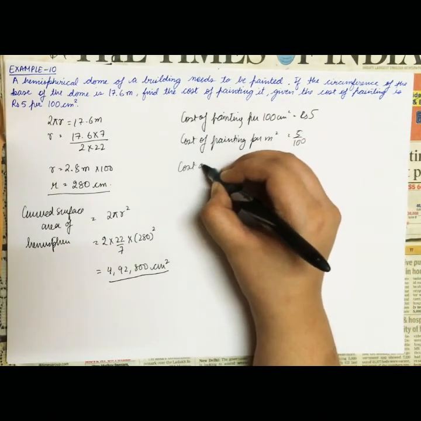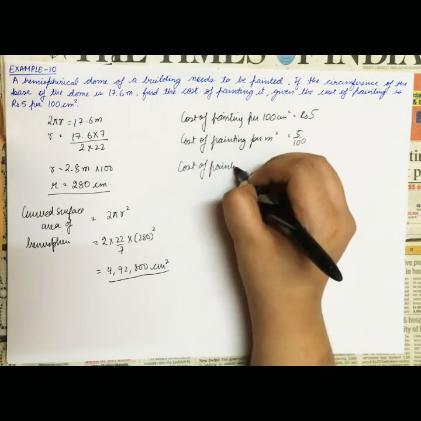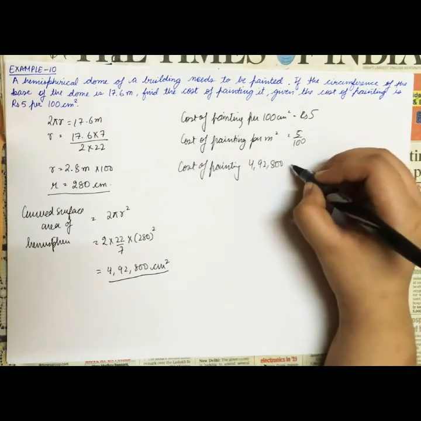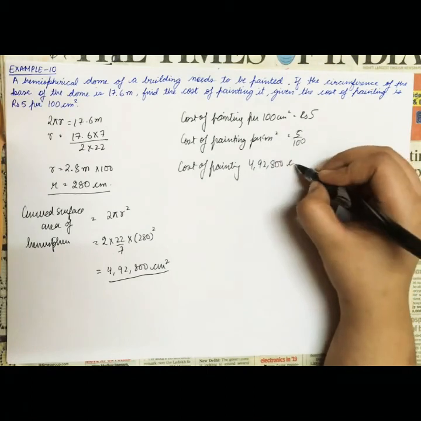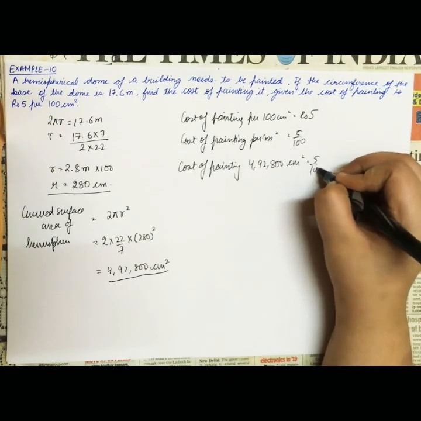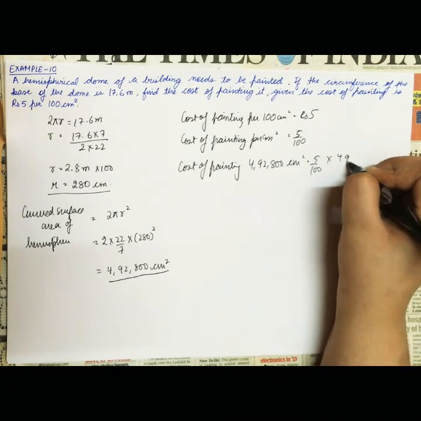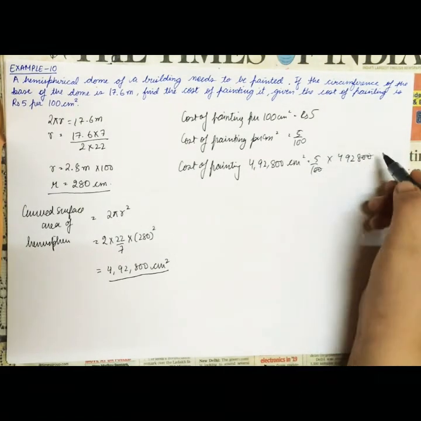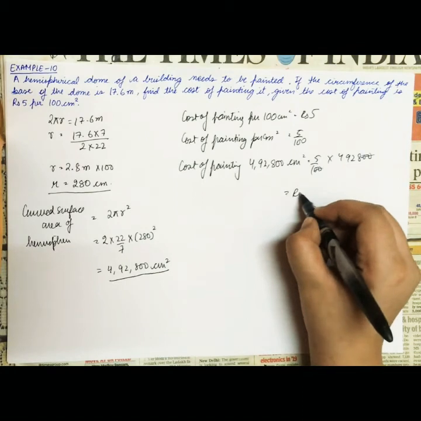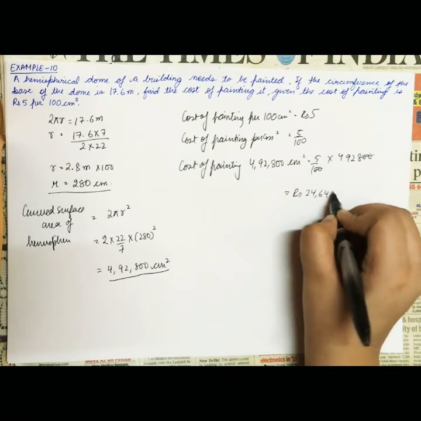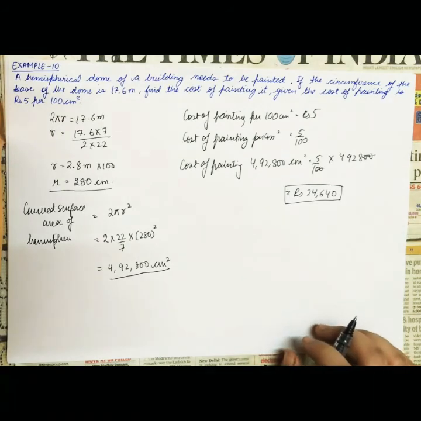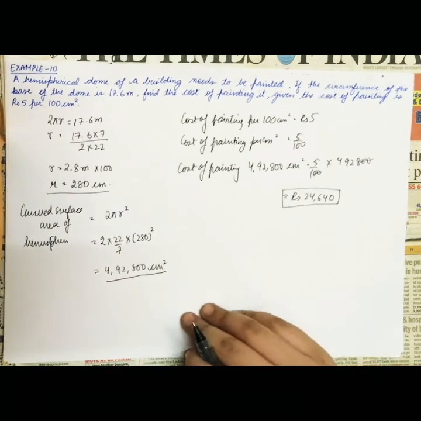Therefore, cost of painting 4,92,800 centimeter square will be 5 upon 100 into 4,92,800, which will be equal to rupees 24,640. Therefore, the cost of painting will be rupees 24,640.